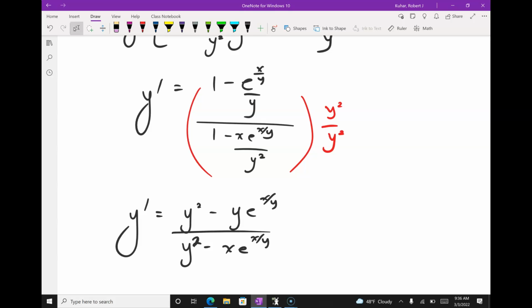I mean, that's a perfectly fine answer. I can factor a y out upstairs, so I'd probably like to do that. But I know what e to the x over y is, right? It's x minus y, so I can make another substitution.